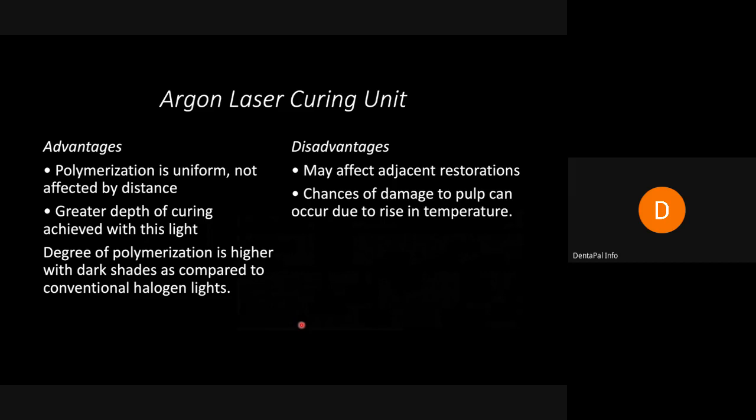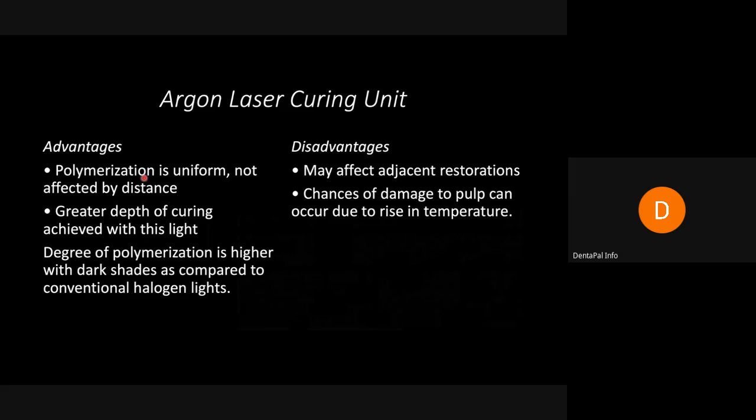Laser, as you know, is like a beam of light. That's why the intensity of light is going to be the same even if the tip of the device is large. That's why it will help in giving a uniform polymerization.